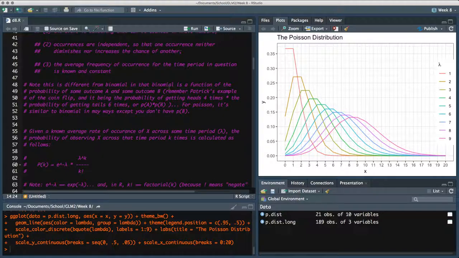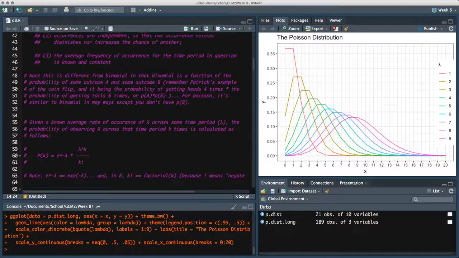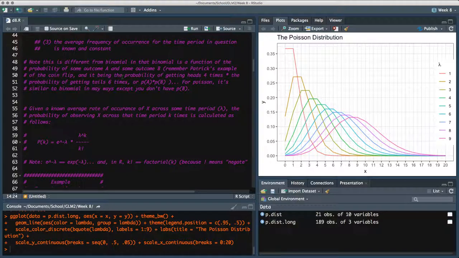We'll work through all this and how it works. But if you have some average rate of occurrence over some period of time, so whatever your thing is, if you're talking letters per day in the mail, then how many letters in this 24-hour period.